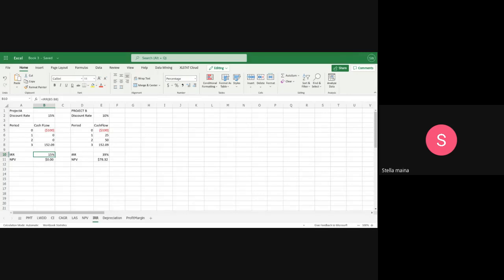Project B is better than project A. And also, when you're just given one project and you don't have another comparison project to look at, if the IRR is greater than the required rate of return, it's still a better investment. So I hope that is understandable.